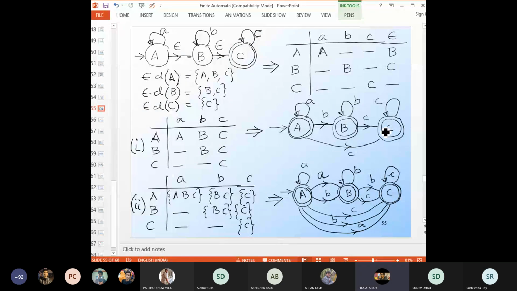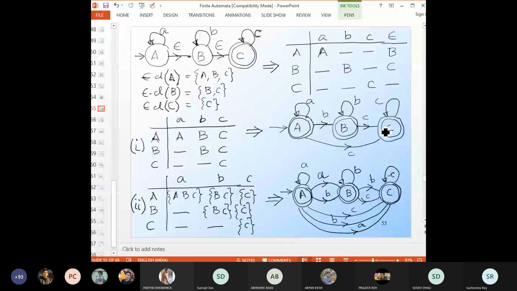No, ma'am, I don't think so. Or can you find a string which the previous NFA was accepting and this NFA is not accepting? No, it is not, because these are actually equivalent.